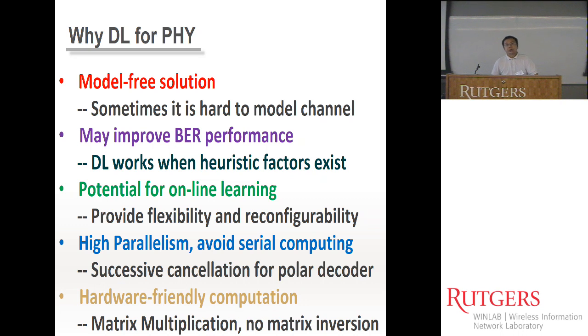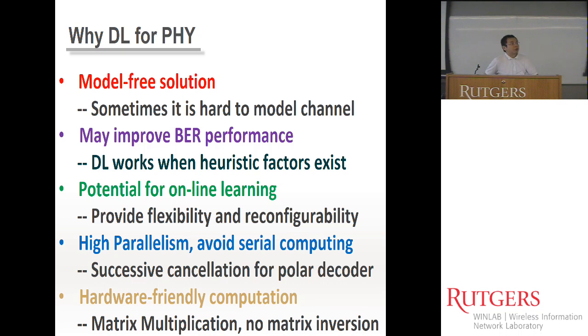Sometimes it is 0.75, or in the belief propagation decoder for polar codes, the scaling factor based on a lot of simulation may be 0.875. But those are just heuristic factors. Some published results already show that if we utilize deep learning methods to train those parameters, for certain types of codes the BER performance can be improved.